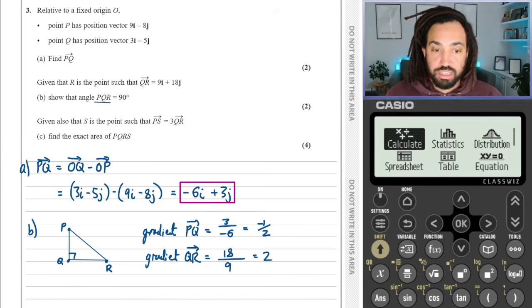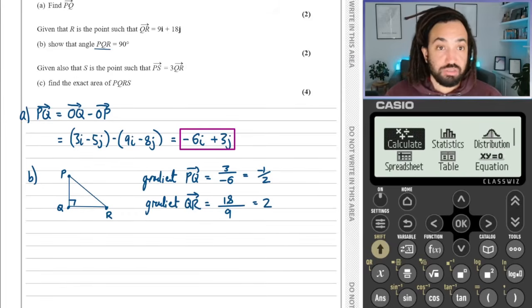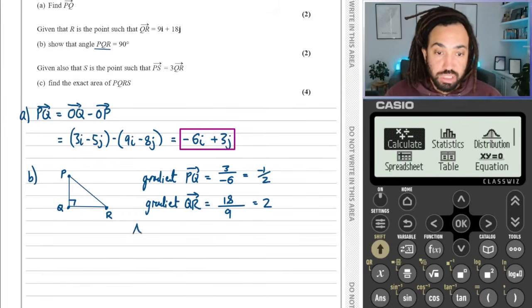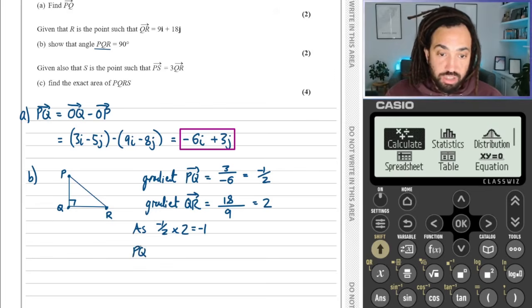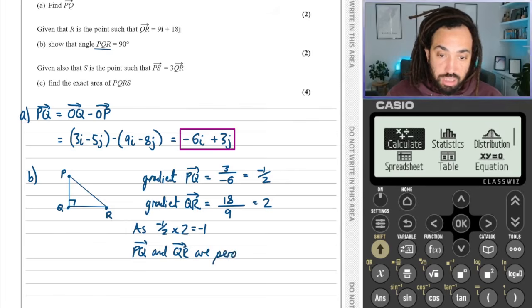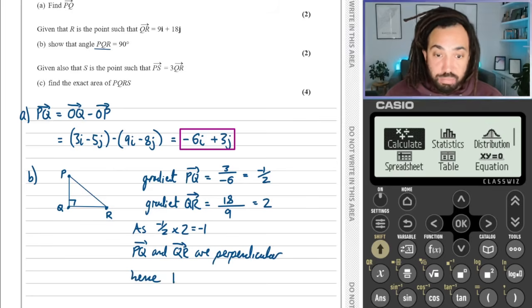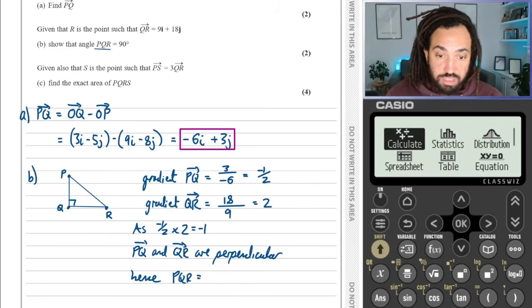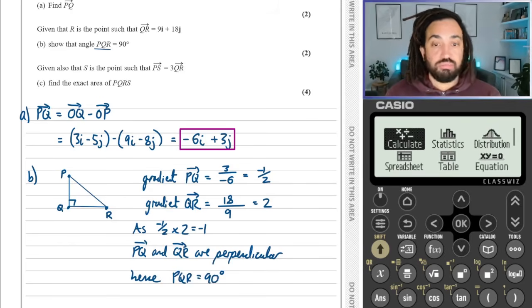Okay, so we can say in conclusion, because we always need to write a conclusion, so important, minus a half times by 2 is equal to minus 1, so PQ and QR are perpendicular, hence PQR is equal to 90 degrees. Perfect.